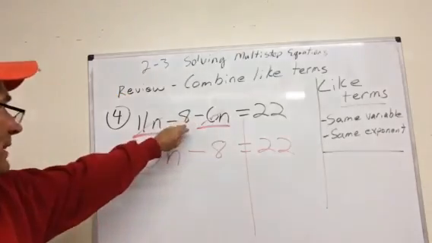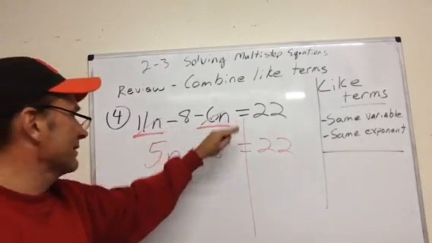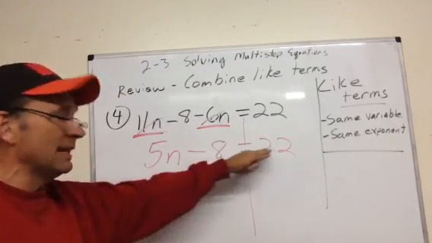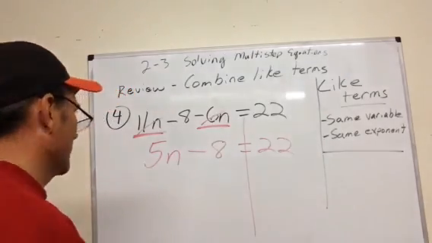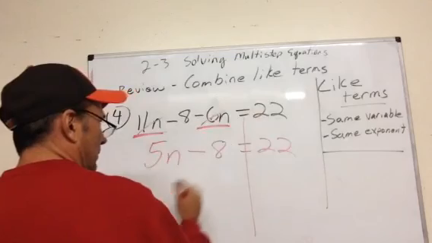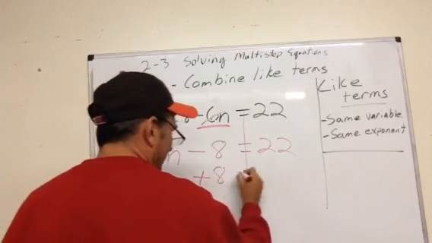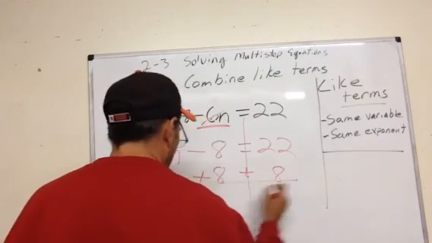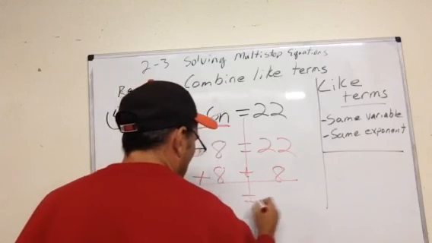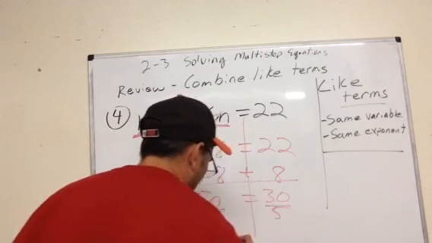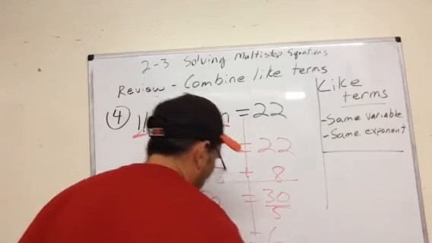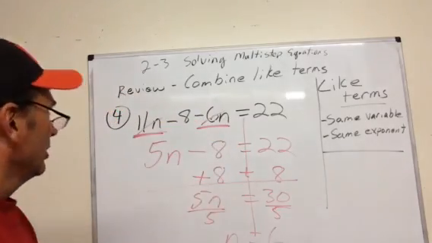This problem that started as 11n minus 8 minus 6n is now just down to 5n minus 8 equals 22. We've done this in the last section. Now, just like before, we add opposites. We now have 5n equals 30. Divide by 5, and we get n equals 6.